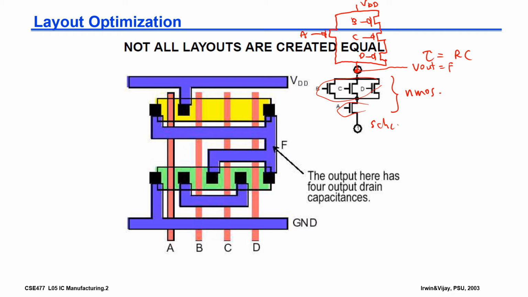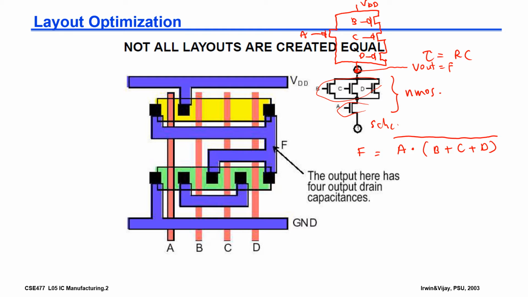Okay, so what does it mean here? Not all layouts are created equal, even though you can have the same function. Over here the function F, the output, is equal to, since B, C, D are in parallel and A is in series, B, C, and D in parallel, in series with A, and then you invert the overall output, so you get this.